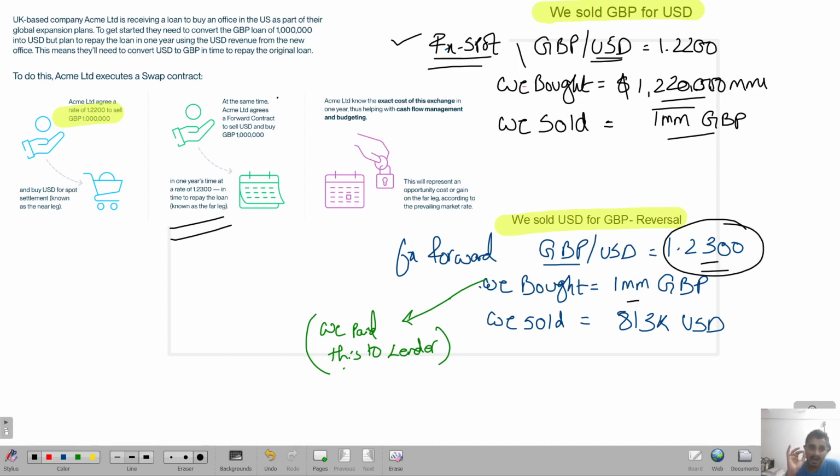So we will buy 1 million GBP and we will sell $1.23 million, and we will use this 1 million GBP to pay our lender who had given us the loan. This is how an FX swap transaction works.